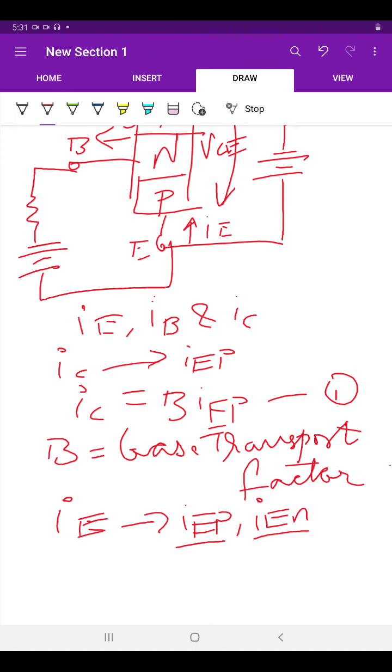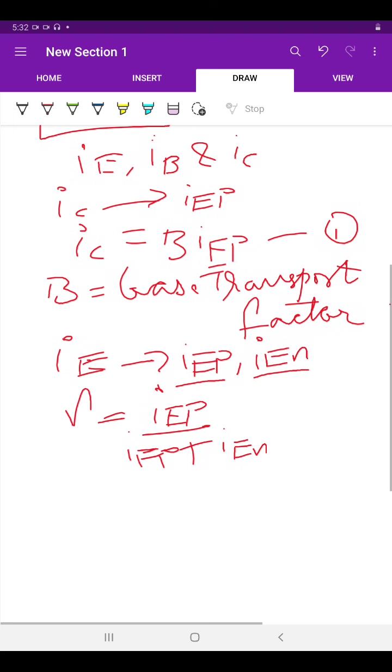Now the emitter efficiency gamma is given as the hole component IEP divided by IEP plus IEN. So this is the emitter efficiency.